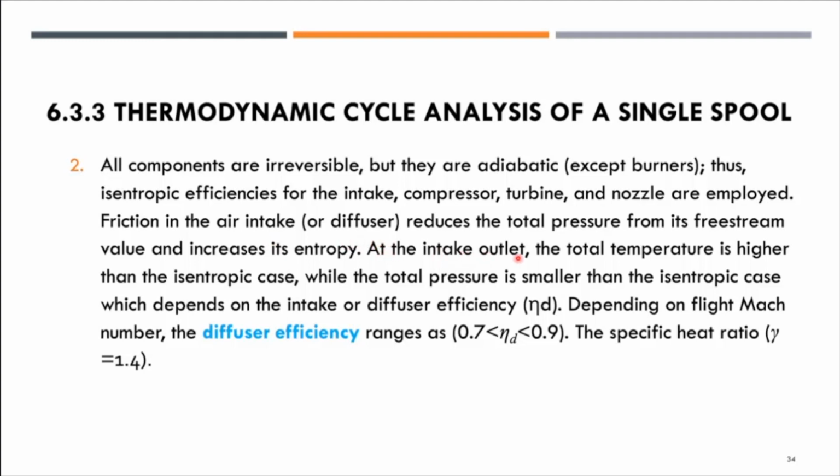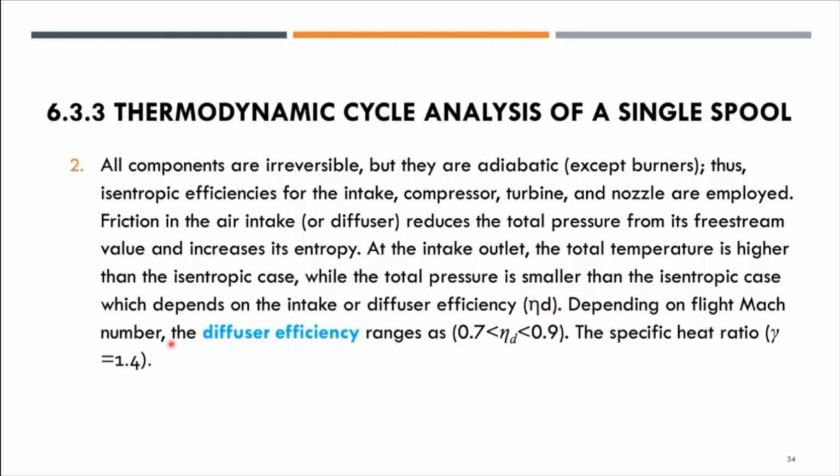So at the intake outlet, the total temperature is higher than the isentropic case, while the total pressure is smaller than the isentropic case, which depends on the intake or diffuser efficiency. And this is zeta D, okay, diffuser efficiency.